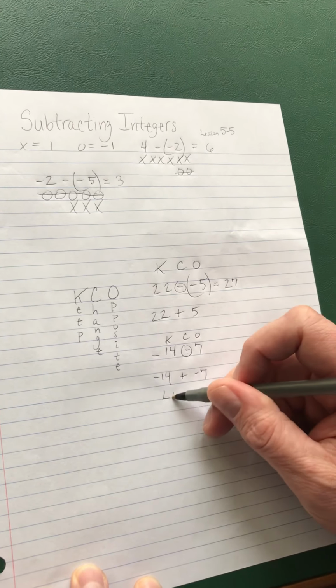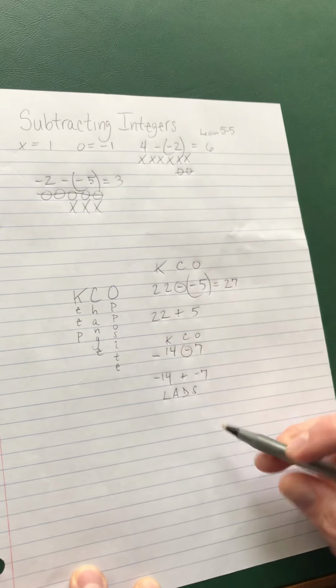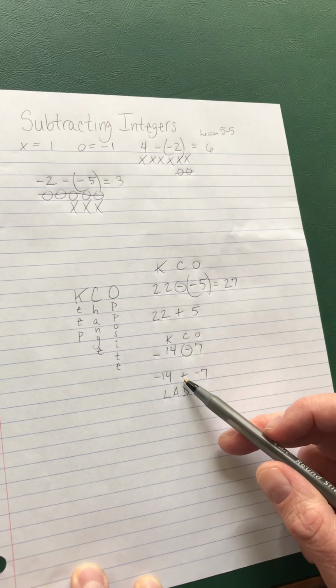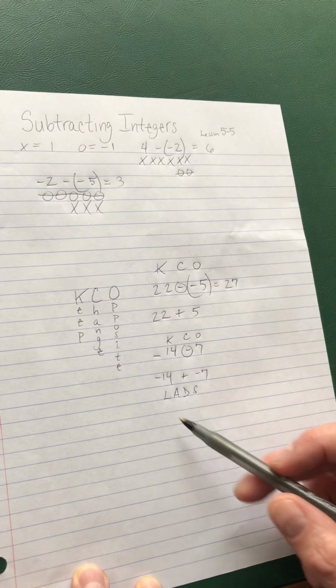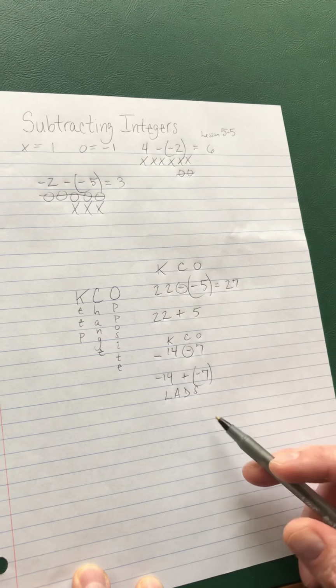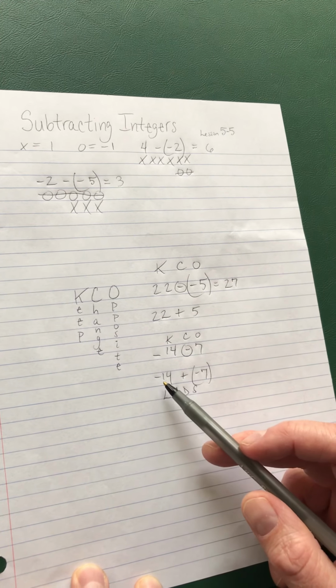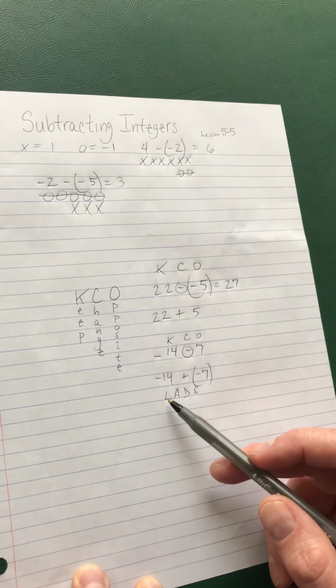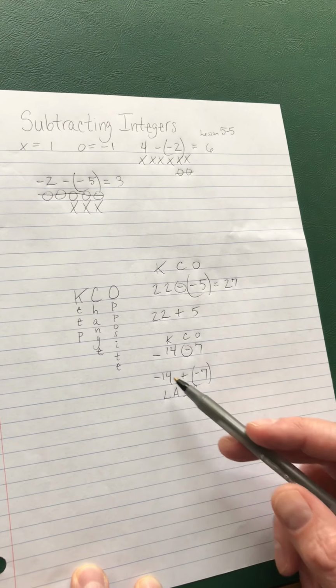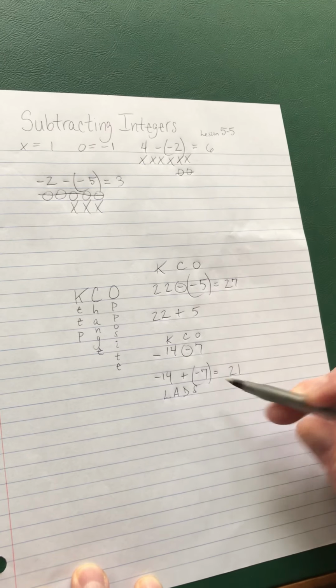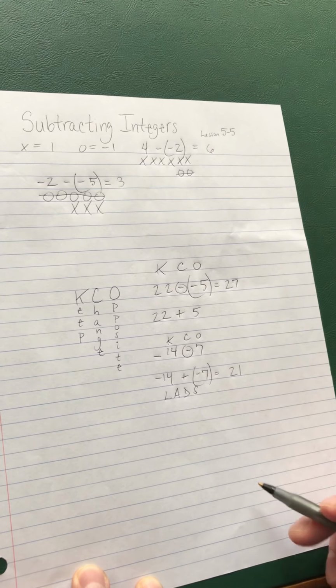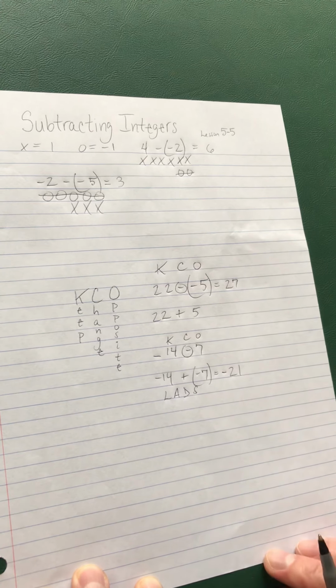And at this point, I want to go back to my LADs, because now we've changed the subtraction problem to an addition problem. So in this case, both the integers are negative, so we're going to add. And then 14 and 7 is 21, and negative plus negative is always going to be negative, so it's -21.